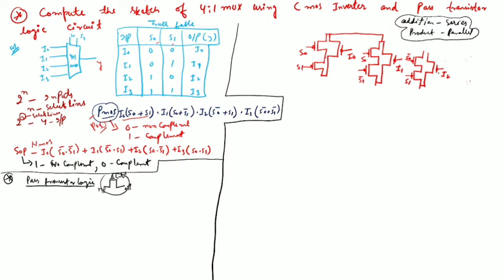And now the last, the fourth. Firstly solve the inner bracket. This PMOS represents the S0 complement, this PMOS represents the S1 complement, and in parallel this one is the I3.